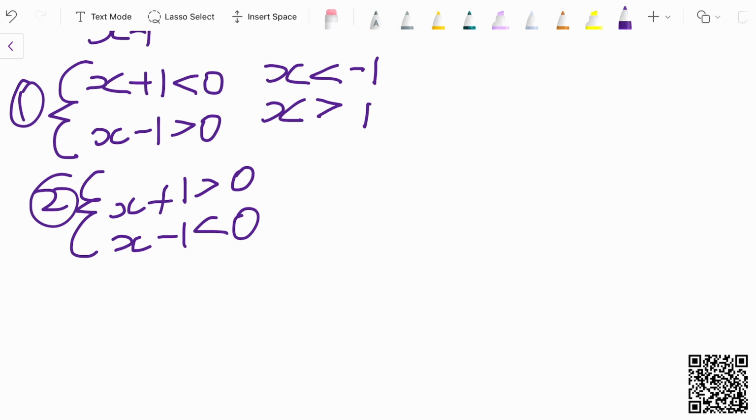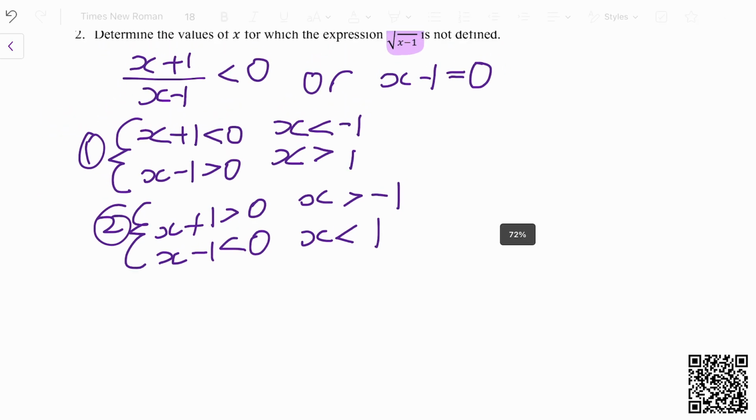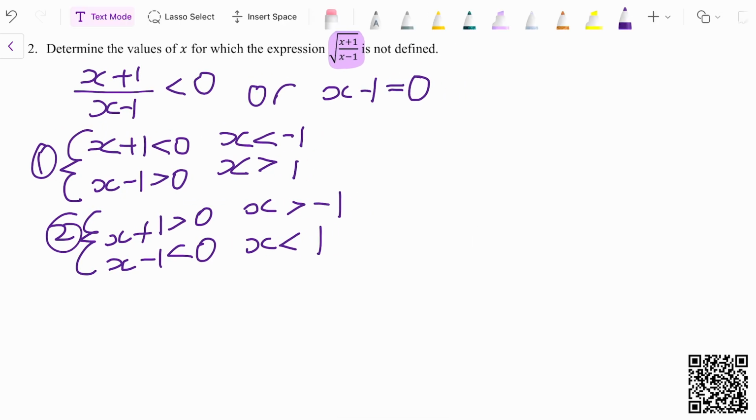Now circumstance 2 states that if x plus 1 is greater than 0, x has to be greater than negative 1, and x minus 1 is less than 0, so x has to be less than 1. And this works because a number can be greater than negative 1 and less than 1 at the same time. So we are going to use circumstance 2 because circumstance 1 does not work and makes no sense.